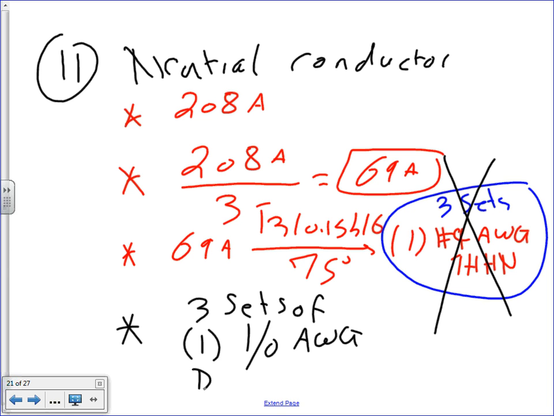Why? Because of paralleling. If we were not paralleling, we're done. But we're paralleling. The code says you cannot parallel this and 1 odd.